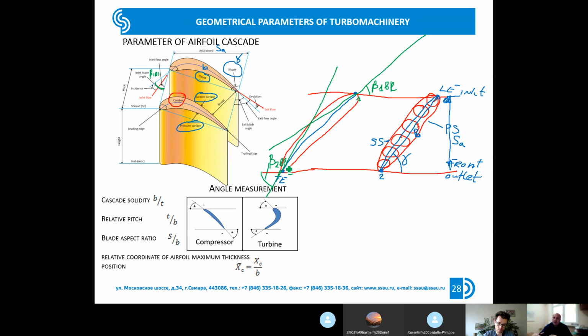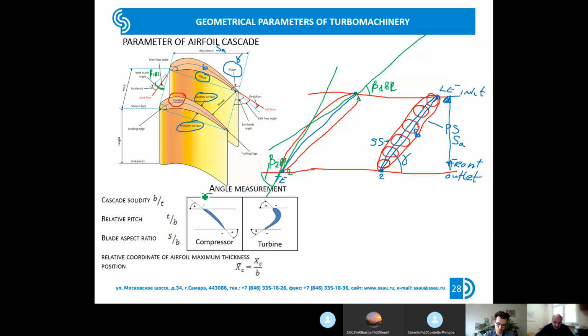It means you can take the blades and measure this angle using some tools. It's really used during the manufacturing process to control your detail after manufacturing.